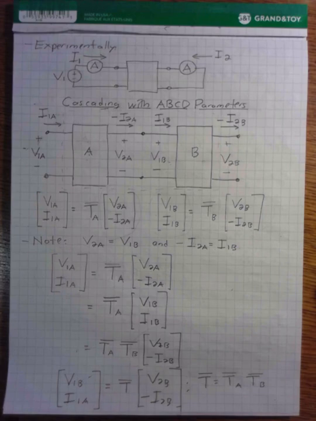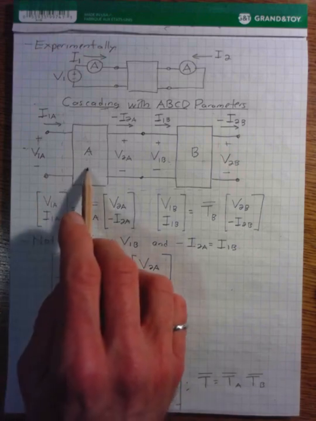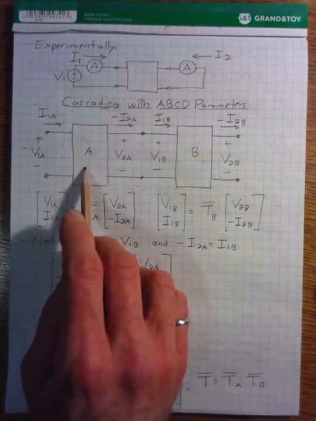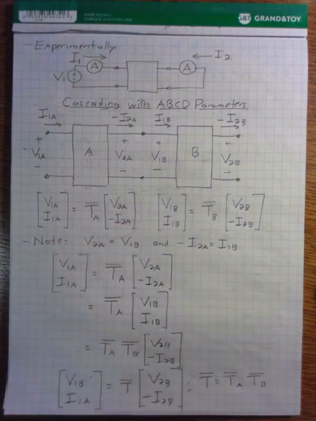Instead, we can just take the ABCD matrix for A, multiply it by the ABCD matrix for B, and we get the overall characteristic of our cascaded system. And this is really why we like to use these.